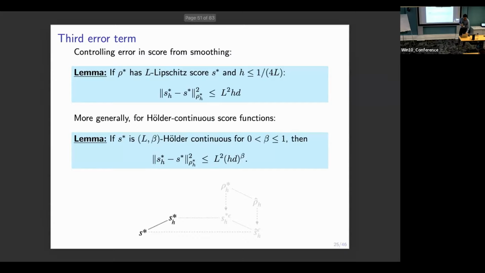And it turns out that more generally, if the score is Hölder continuous for beta between 0 and 1, then we can also show that this score error is bounded by this bandwidth times dimension to the power of beta. So when beta is 1, it goes back to that case.